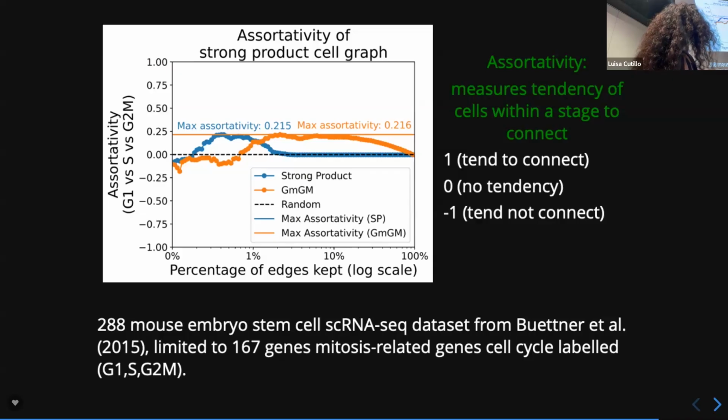Now, when we run strong product, we can see that within our assumption, that means sparsity, we reach the maximum assortativity, in this case about 0.215, with a sparse graph. While in the case of GM, the maximum assortativity is reached for a much denser graph.